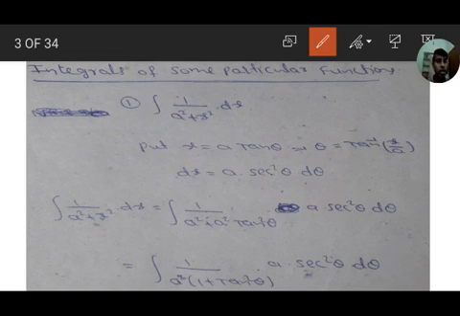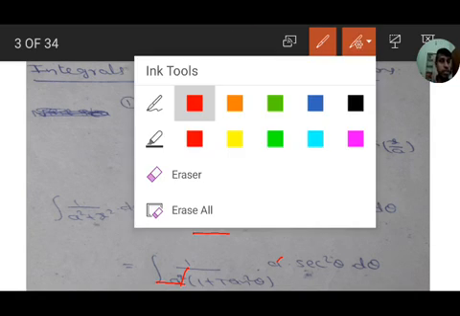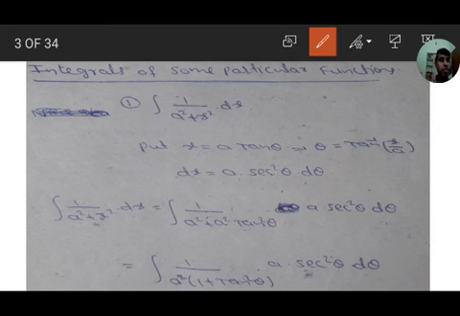Now in the denominator, a square is common. So integration 1 by a square, common 1 plus tan square theta, into a into sec square theta d theta. The a and a square will cancel. 1 by a comes as the coefficient outside, and 1 plus tan square theta means sec square theta. And sec square theta will be cancelled out.